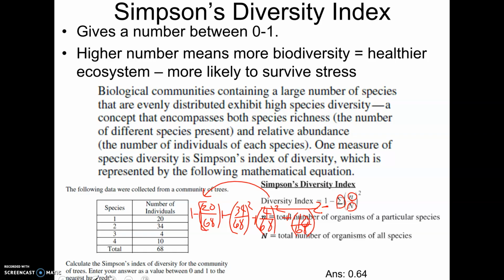Sorry, that's really sloppy. And then you do 1 minus that. So it's 1 minus the number of individuals of each species over the total number of individuals in the ecosystem. And in this particular case, if you work this out correctly, you're going to get 0.64.